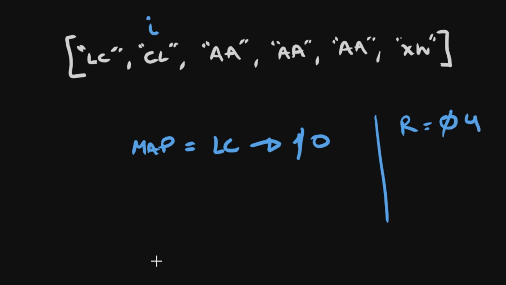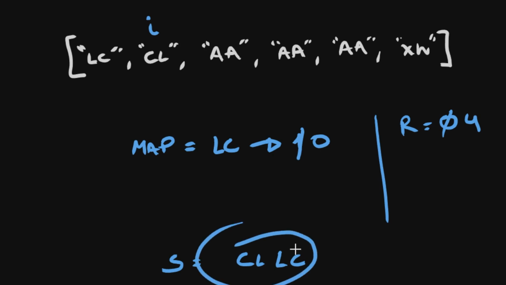Well, let's say we are building this string, we will call this S. And up to this moment, we have, for example, this CL and LC. Okay, this is already a palindrome. So we can already add these 1, 2, 3, 4 characters to the result. And now we have already used these two words, so we don't care about them anymore, and the map is empty again.